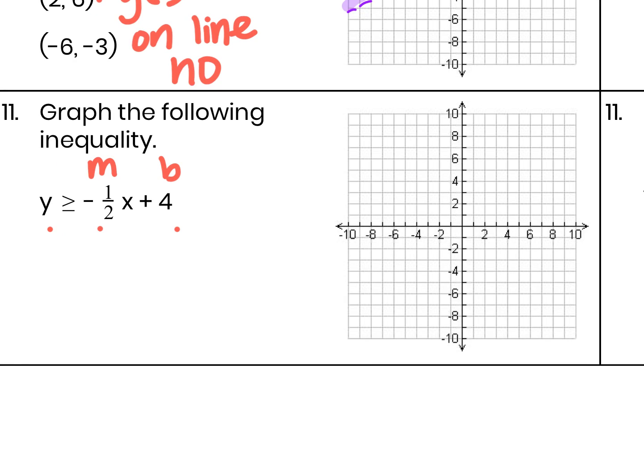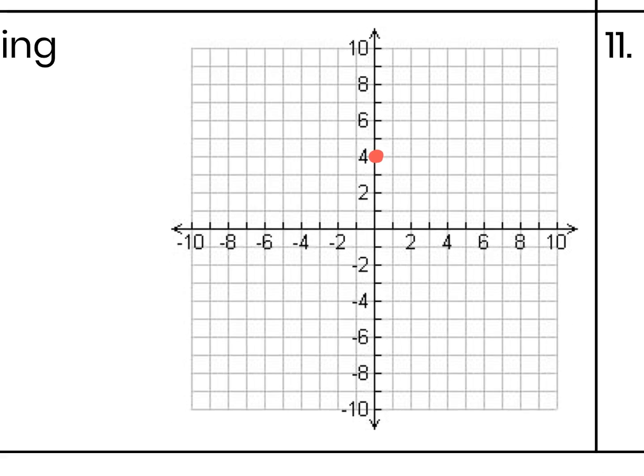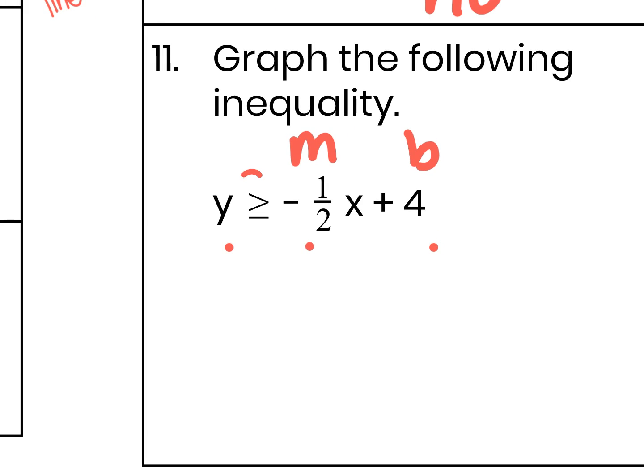So y equals mx plus b means I would start at 4. Then the slope is -1/2, so down 1 over 2, down 1 over 2. And this symbol means it's going to be a solid line.